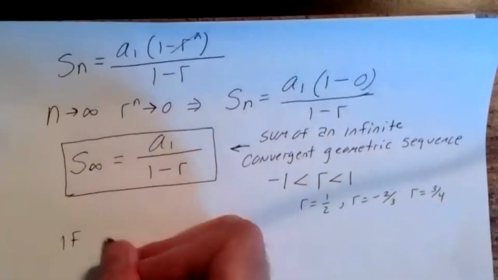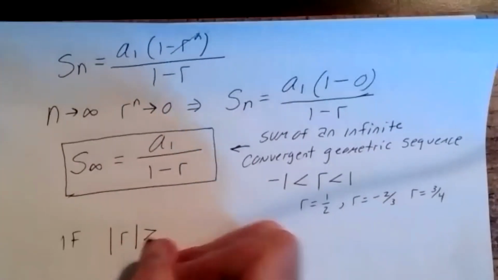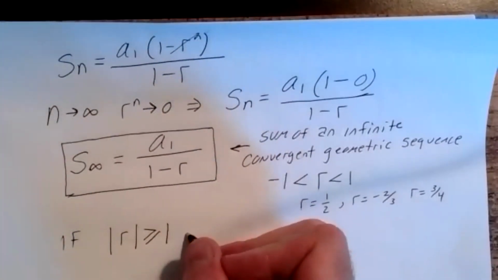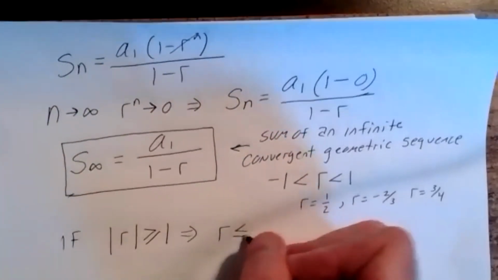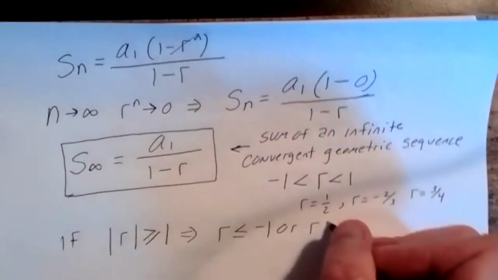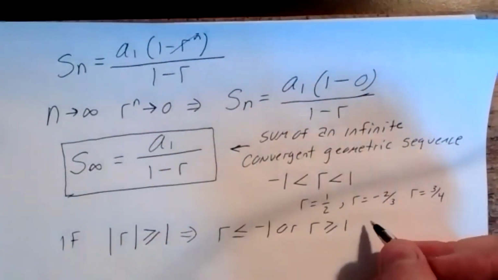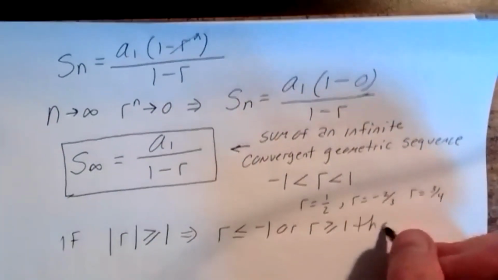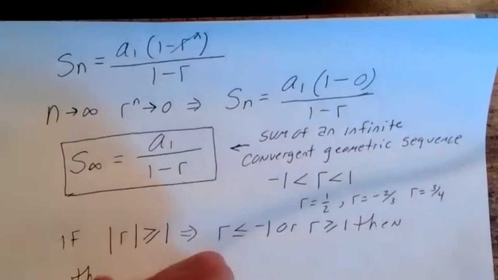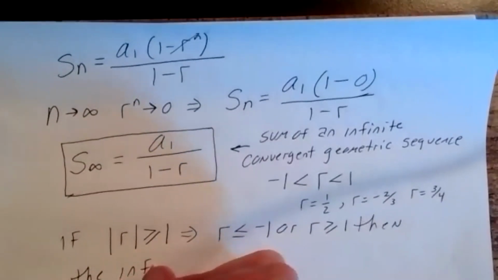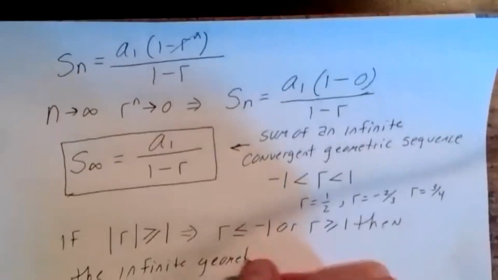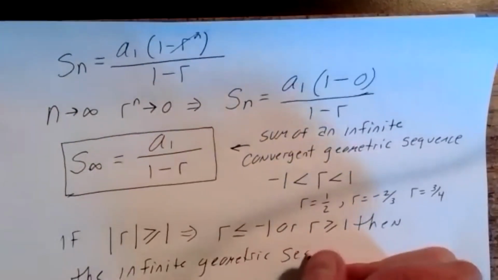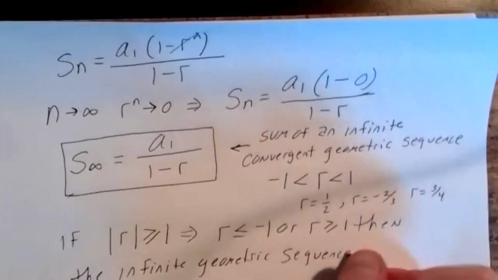If, on the other hand, ladies and gentlemen, the absolute value of r is greater than or equal to 1, and by the way, this is implying then that r would be less than or equal to -1, or r is greater than or equal to 1, then what would be true? The infinite geometric sequence is what?